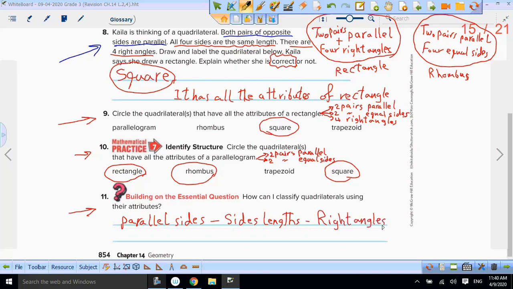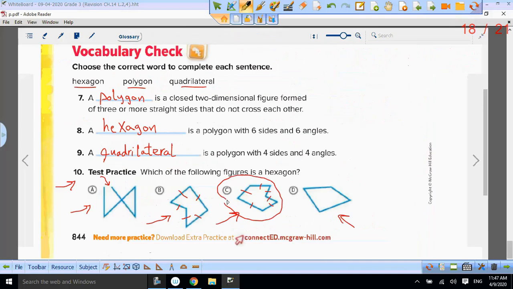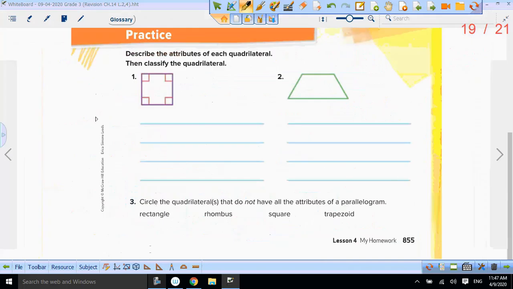Then on page 855, describe the attributes of each quadrilateral, then classify the quadrilaterals. Okay. We have parallel sides, we have equal sides, we have right angles. These are the attributes that we use to classify a quadrilateral.